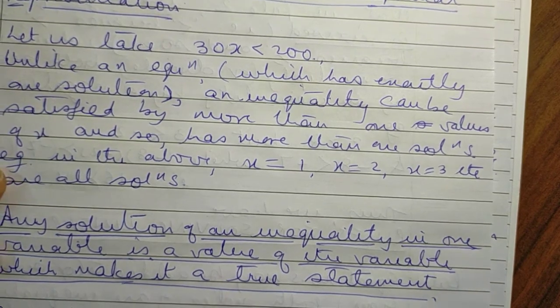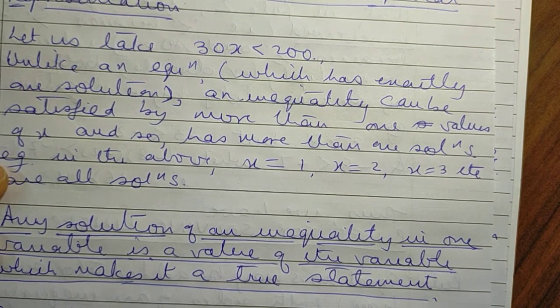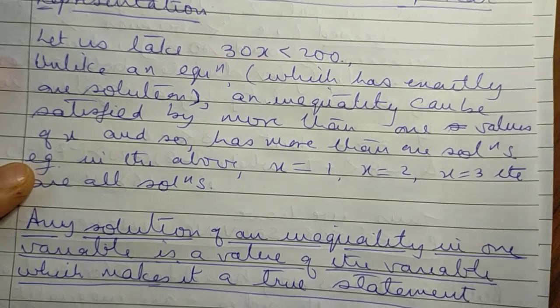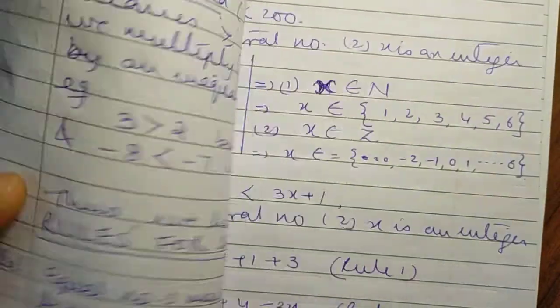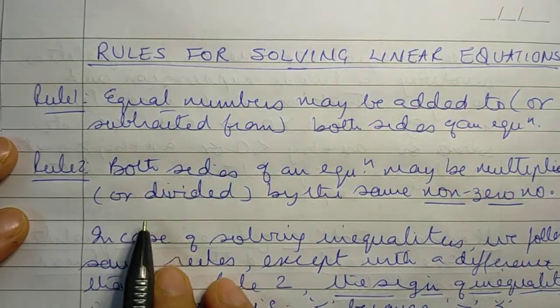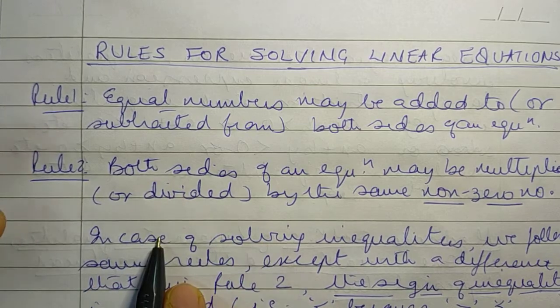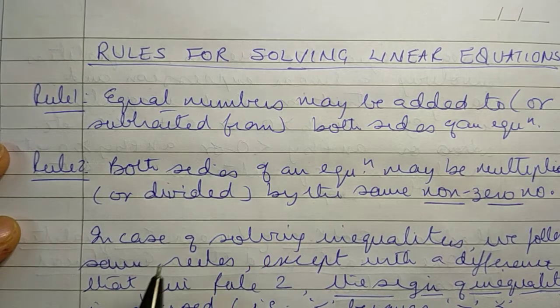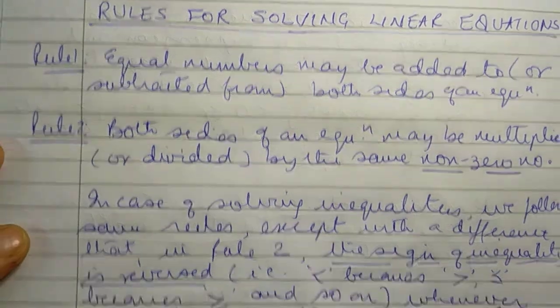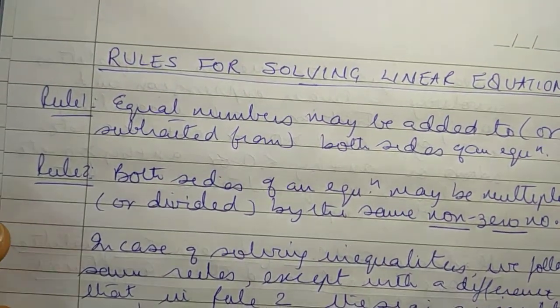Now let us see if there are some rules which we can define to solve linear inequalities. If you recall, when you solved linear equations, you used two rules. So let's recall them, and then using them as the base we will define some rules for solving linear inequalities also.